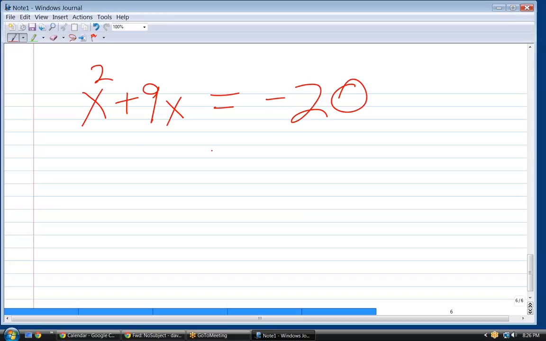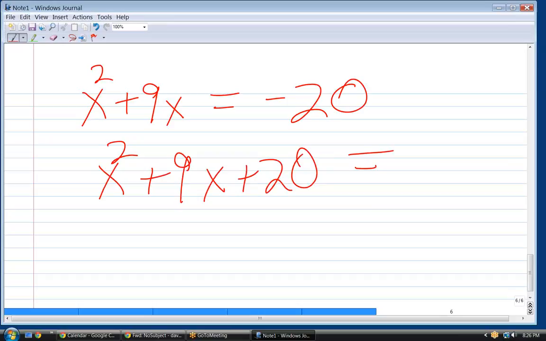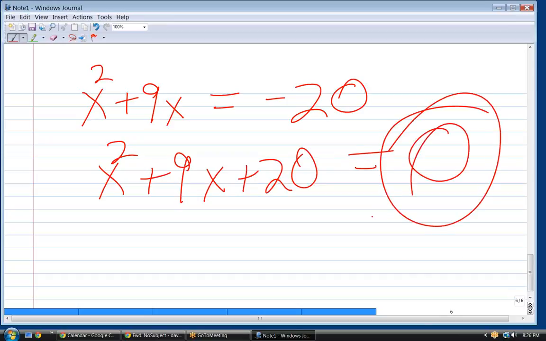And for me to do that, I would add 20 to both sides, to produce this. Once you get that 0 on one side, that's what you're looking for, because then, assuming you can factor this thing, you get it as the product of two things. Okay.